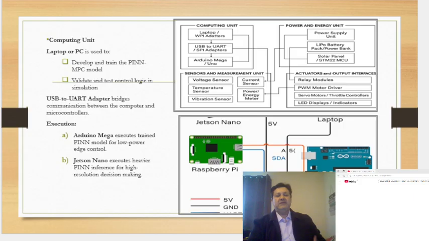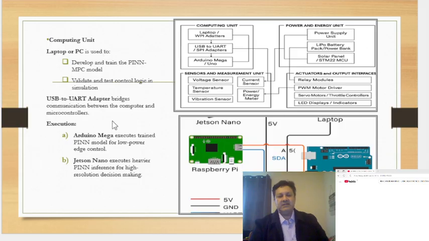If you see here, I'm showing you a Jetson Nano, and the rest, the Raspberry Pi, and the laptop connected to the Arduino Mega. From the laptop, it is coming to the Arduino Mega, and this Raspberry Pi is connected with the Jetson. If you see the components here, NVIDIA's Jetson Nano looks like this. TX Xavier, the laptop can be any i9 based system.